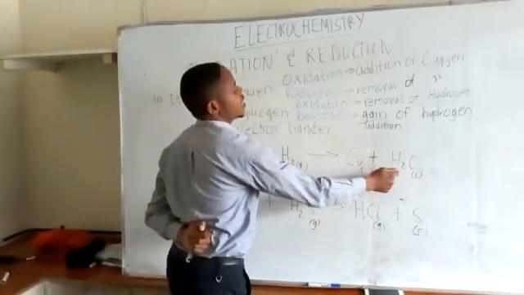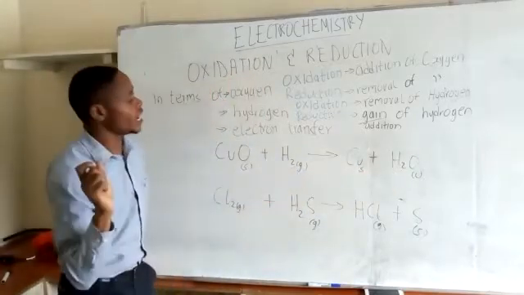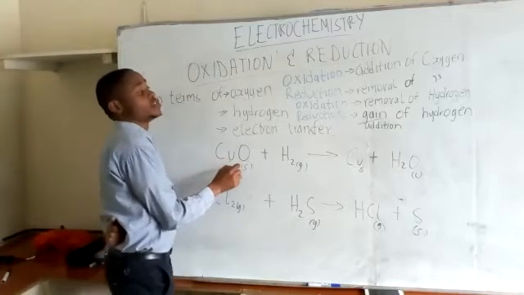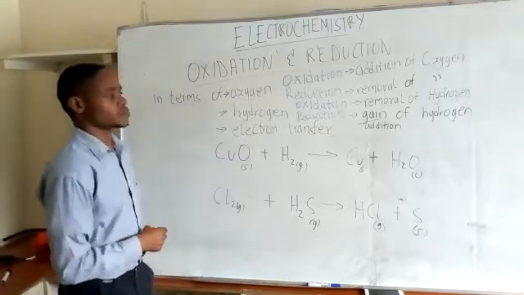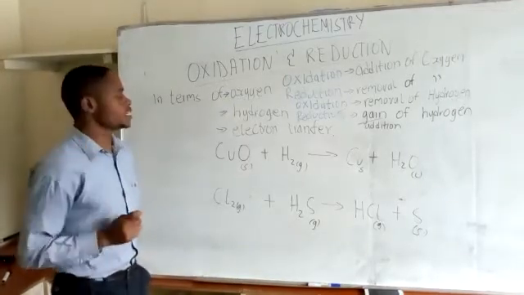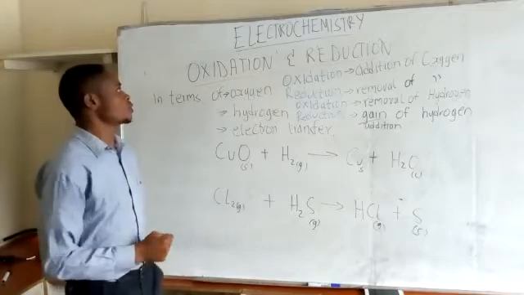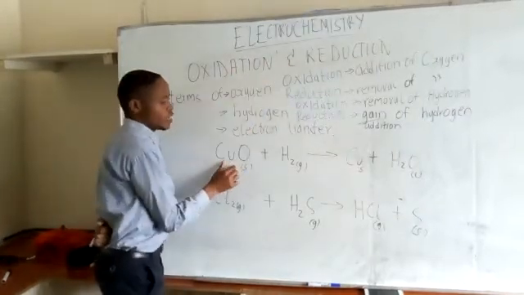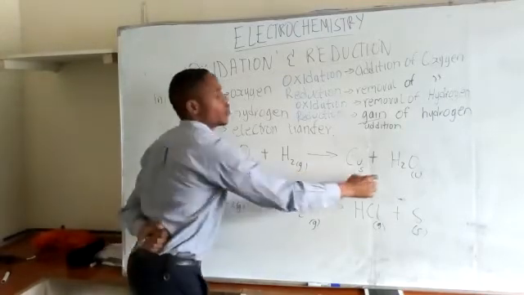We've added the oxygen to the hydrogen, so hydrogen has been oxidized and copper has been reduced. We've removed the oxygen from the copper. If you are keen, you should have noted that both processes occurred at the same time. Copper was being reduced, hydrogen was being oxidized.